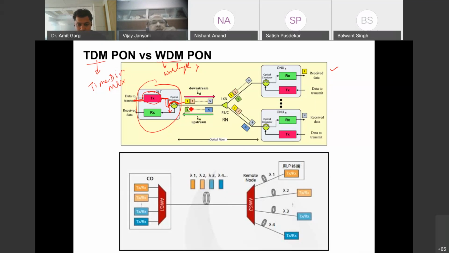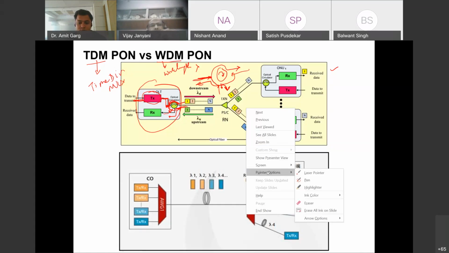Any data coming from this side will not go here, but will always go like this. Any signal coming from here will go here, and any signal coming from here will go to this. So it works in a cyclic fashion. Any data coming from here cannot go directly to this. That is the property of this circulator.